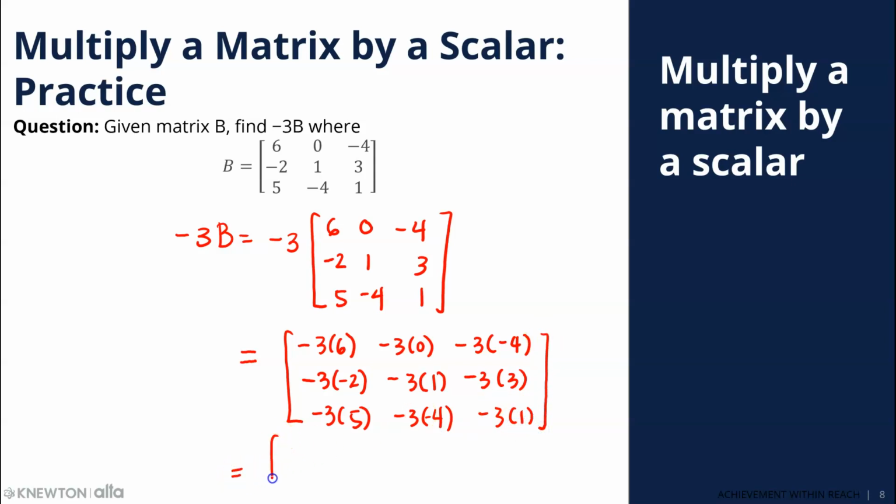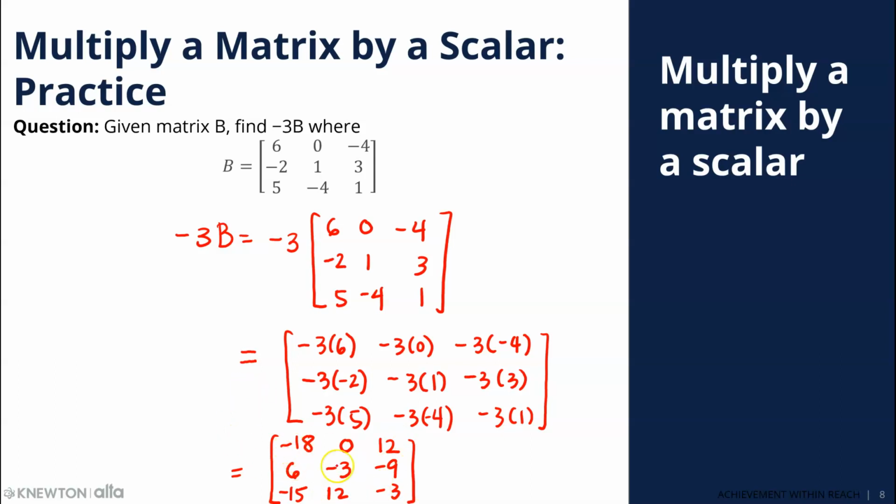Simplifying this, we should get also a 3 by 3 matrix. So you have negative 18, 0, positive 12, 6, negative 3, negative 9, negative 15, positive 12, and negative 3.